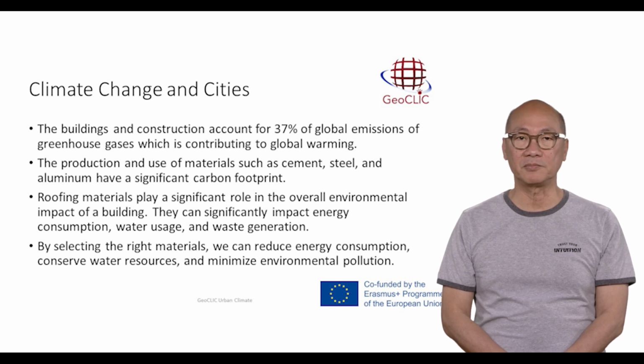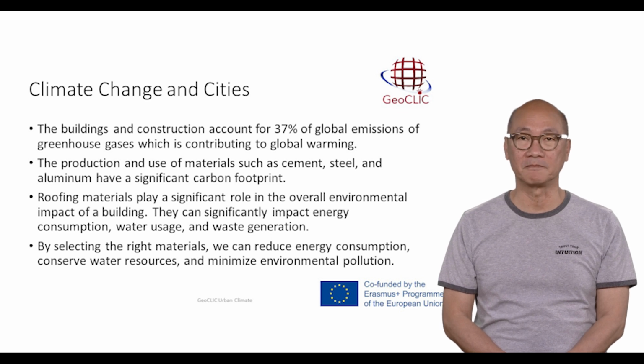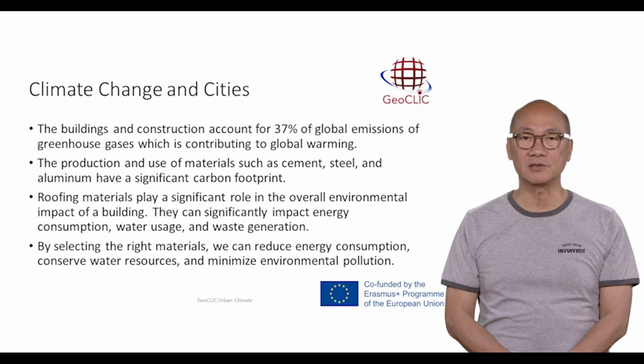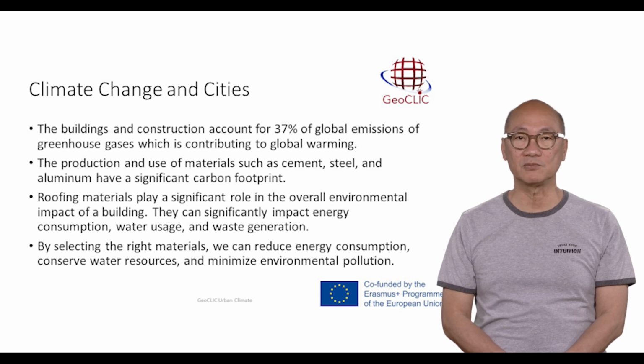Roofing materials play a significant role in the overall environmental impact of a building. They can significantly impact energy consumption, water usage, and waste generation. By selecting the right materials, we can reduce energy consumption, conserve water resources, and minimize environmental pollution.